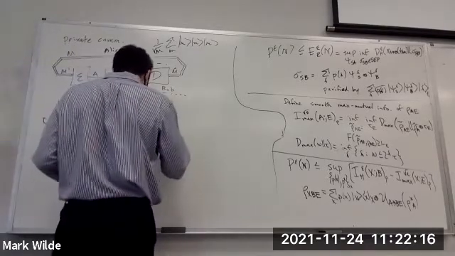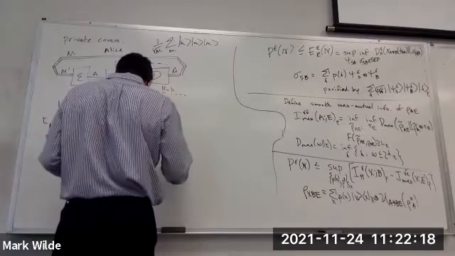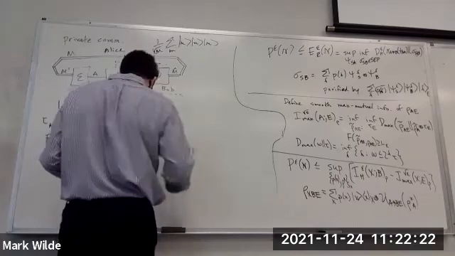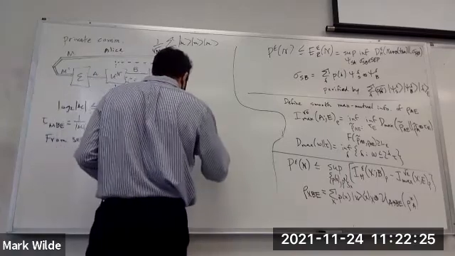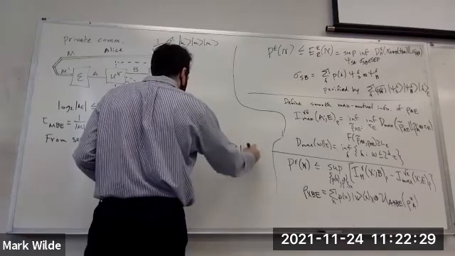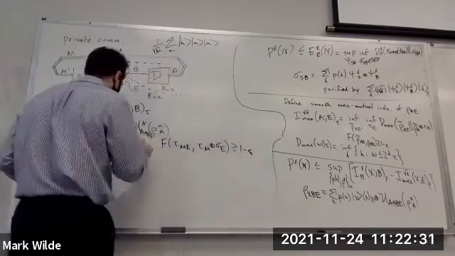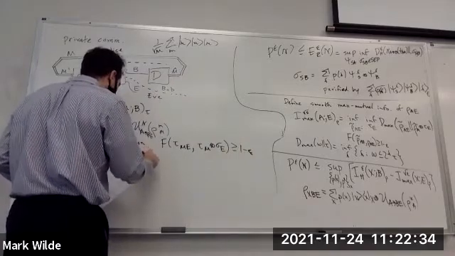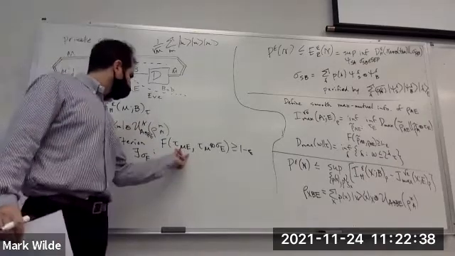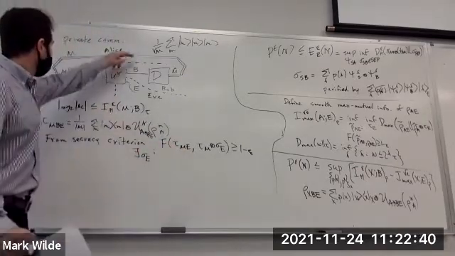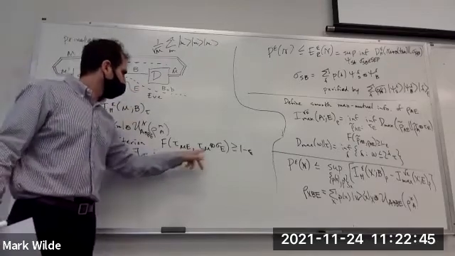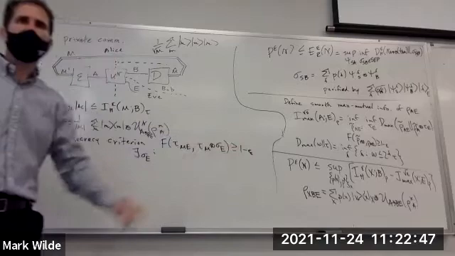That the fidelity of the actual state with this tensor product state is greater than 1 minus epsilon. There exists a state sigma E such that this is true. So this is the actual state from the message register and Eve's register, and it's very close in fidelity to a tensor product state.